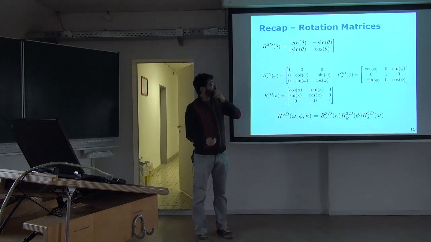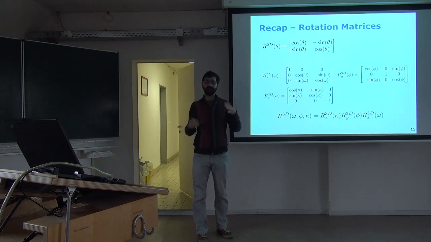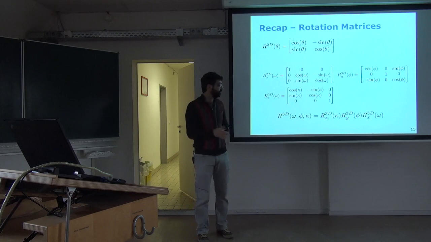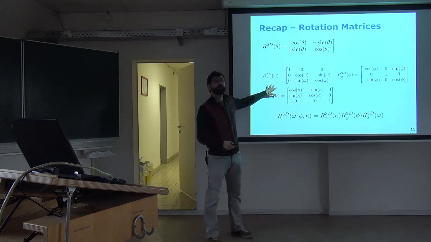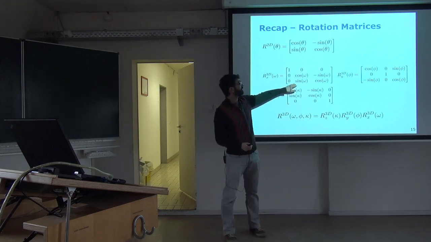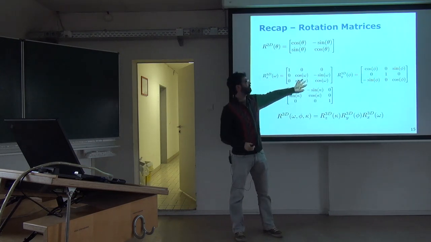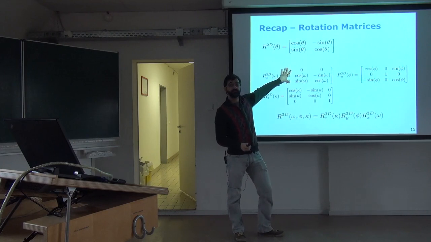If you use what's called Euler angles parameterization in a 3D space, so you say, I have three angles, one on the x, one on the y, and one on the z axis, and I want to define a rotation using them, that's how they will look. So a rotation on the x-axis is just a two-dimensional rotational matrix embedded in a three-dimensional rotational matrix.